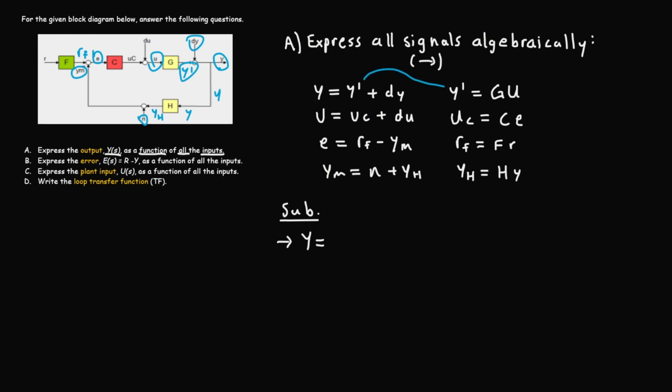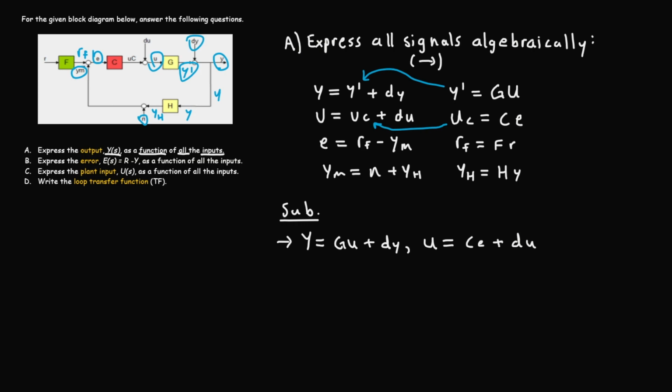So we can go ahead and substitute in gu for y prime. So that leaves us with y equals gu plus dy. And now we can try doing the same for the second equation, which is u. Here we know what uc is, so we can go ahead and substitute in ce for uc. So we will get u equals ce plus du.